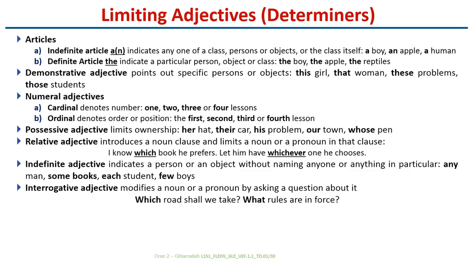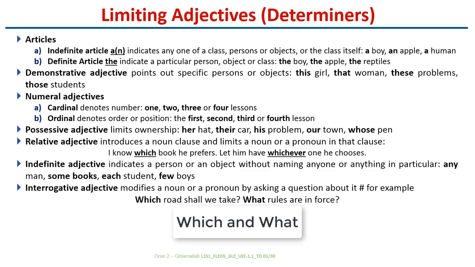Why? Because a pronoun replaces a noun and it does not need a noun after it. As you can see in these 2 examples, which and what are interrogative adjectives. And if we delete the nouns road and rules, they will become interrogative pronouns.